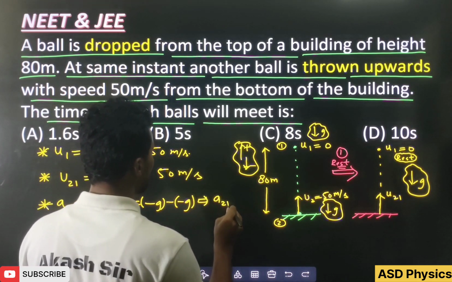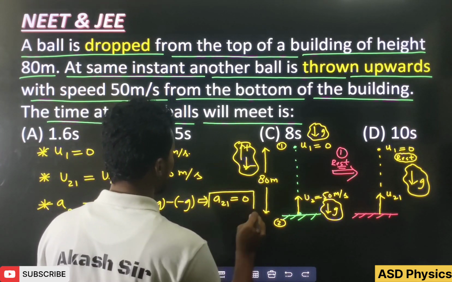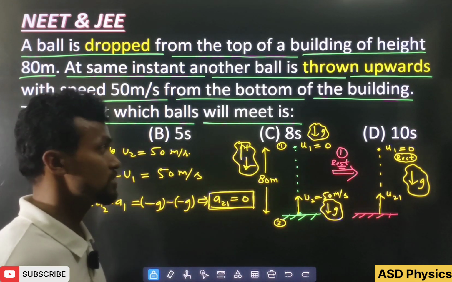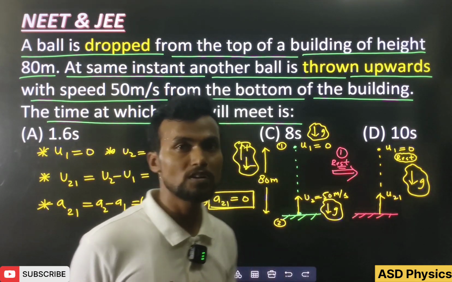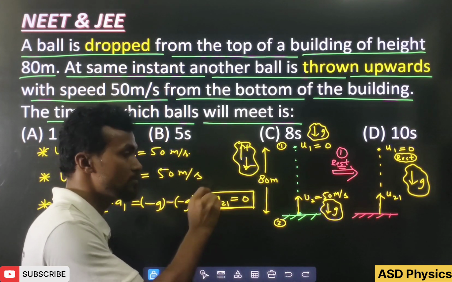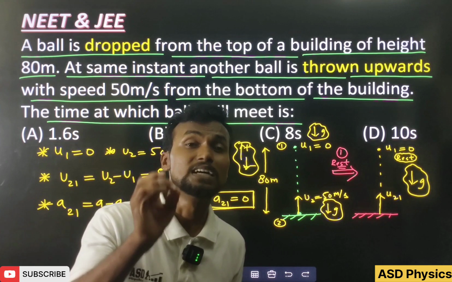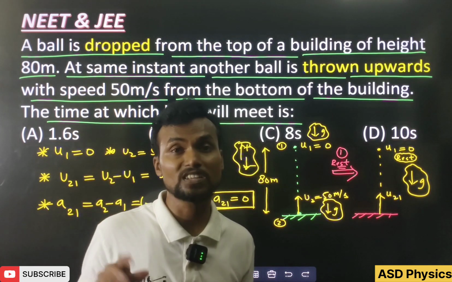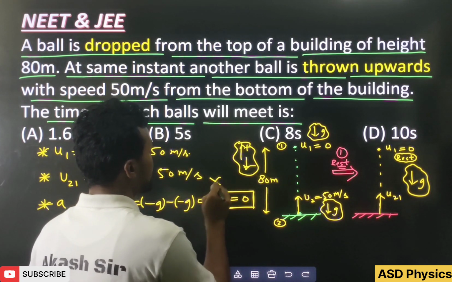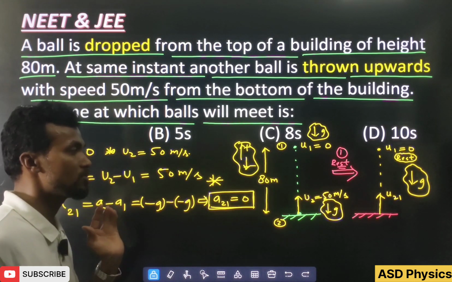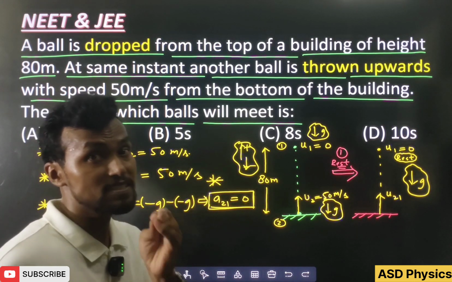The most important thing for motion under gravity: if we see the relative motion of 2 balls, 3 balls, 5 balls, the acceleration of one ball with respect to another ball will always be 0, because both are experiencing the same gravity in the same direction, that means downward. Make it a star sign directly. They used to ask the acceleration of ball 2 with respect to ball 1, and it is 0, because both have the same acceleration.